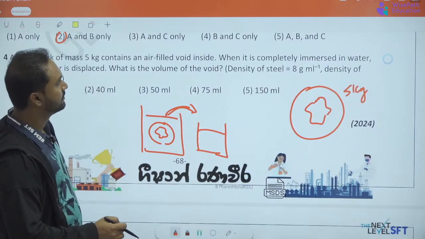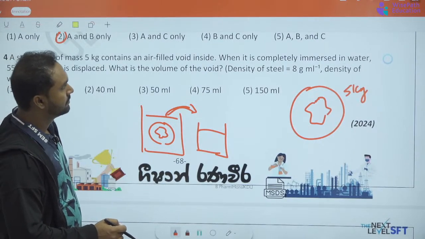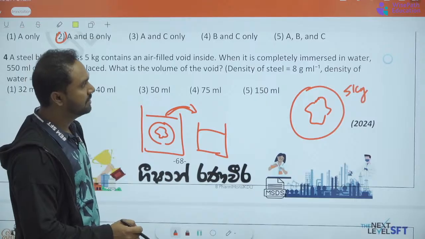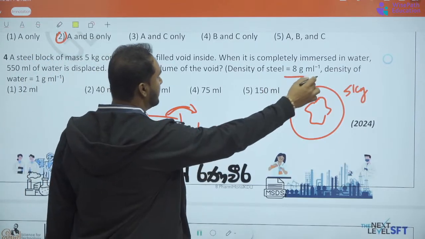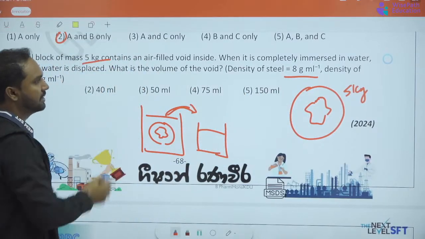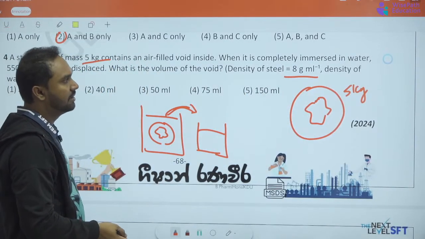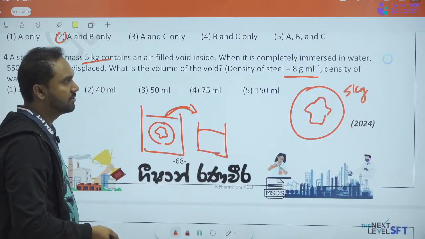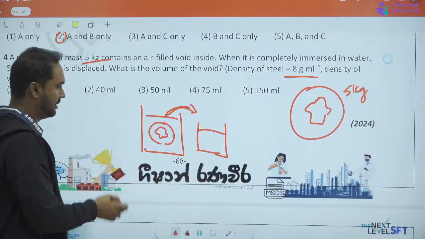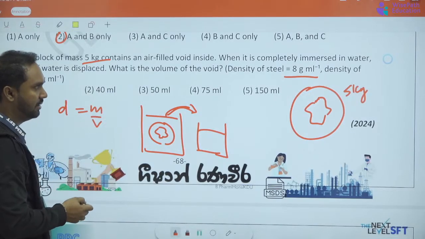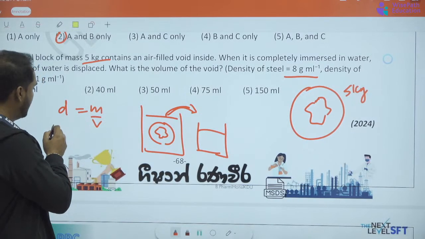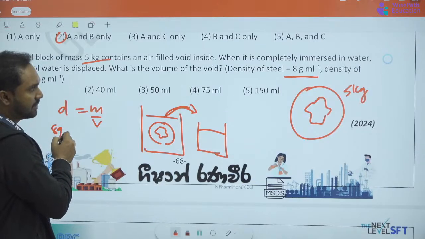The density of the steel is given. If we have the density of the steel and the actual mass of the steel, we can find the actual volume of the steel, because density equals mass over volume. So the density is 8 gram per milliliter.